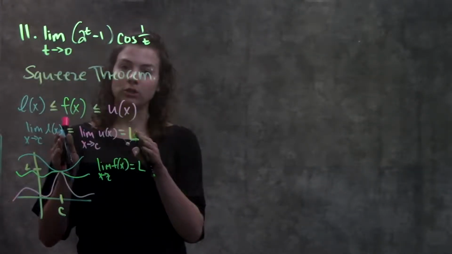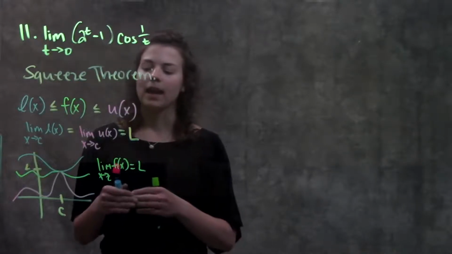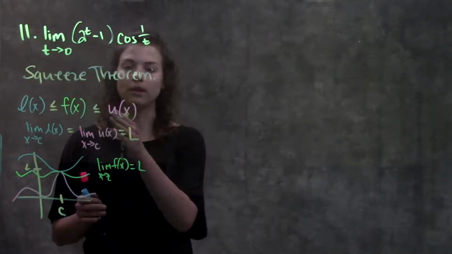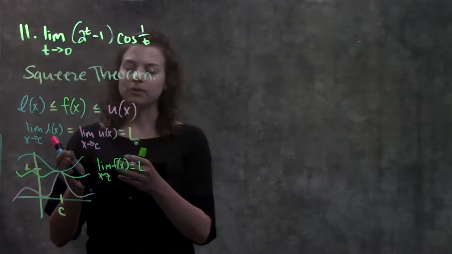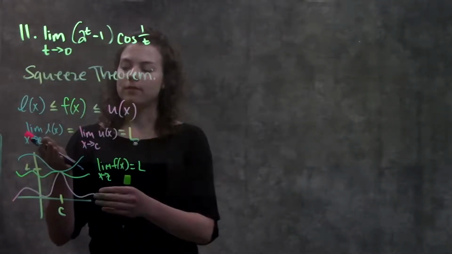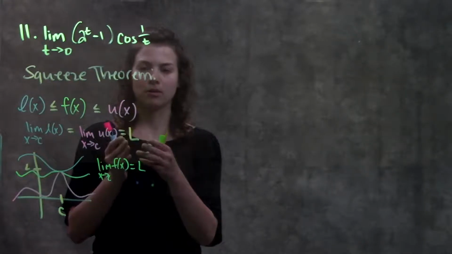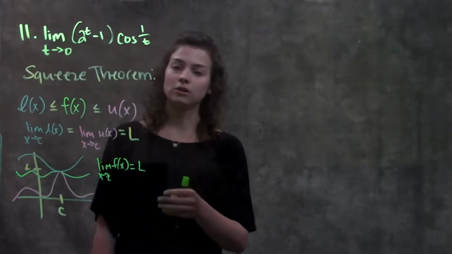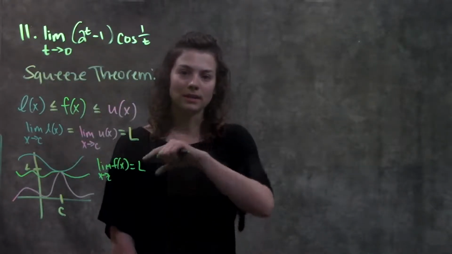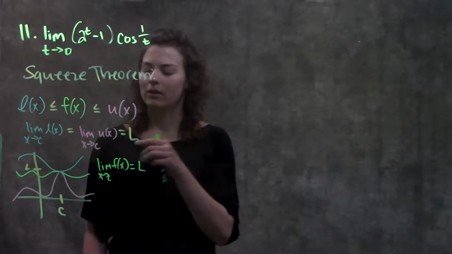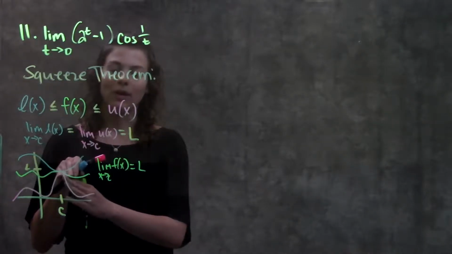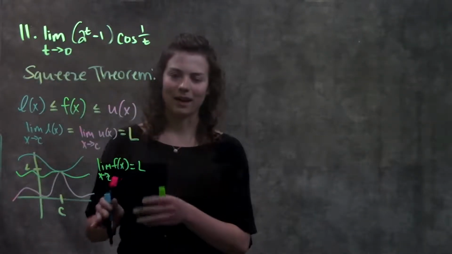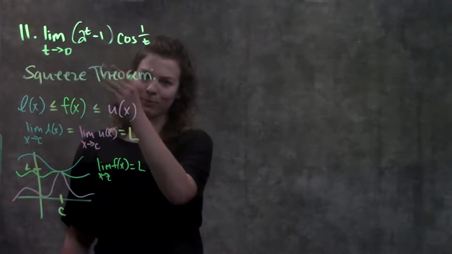We could put it in between two functions where we do know that limit, and since we already have the condition that this function is always in the middle of those two functions, we're able to say by deduction, well, if this function and this function are approaching the same L value at c, then this middle function must also be approaching that same value since it's always stuck in the middle. Or in other words, since it's squeezed at that point x equals c, it must have the same limit. Okay, that's the background. Let's go through this problem now.